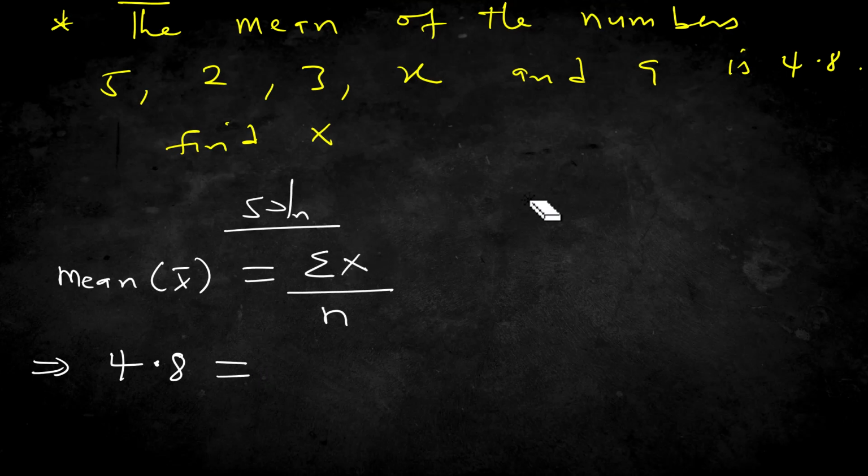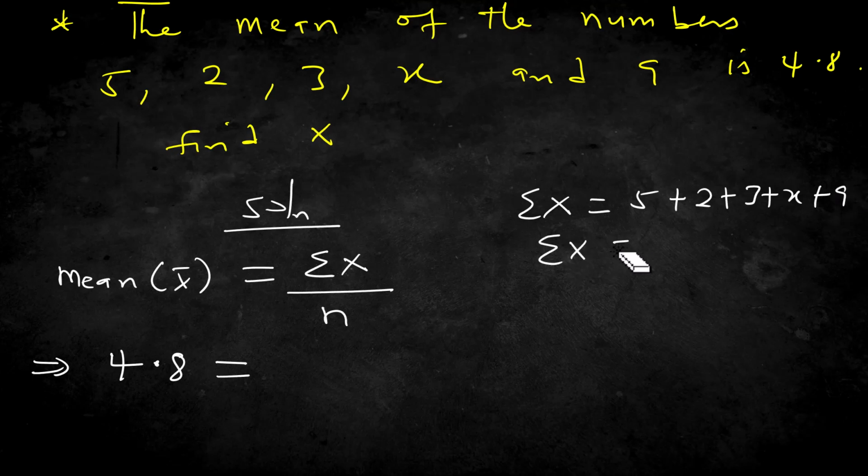And the summation of x here will be 5 plus 2 plus 3 plus x plus 9. So the summation is 19 plus x, and my n is 1, 2, 3, 4, 5.